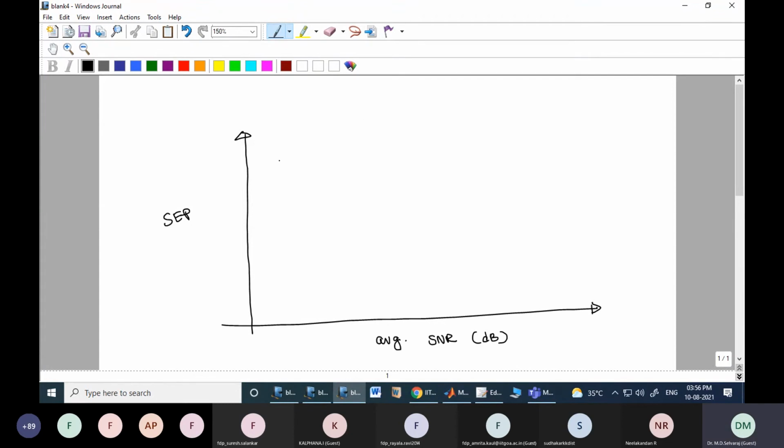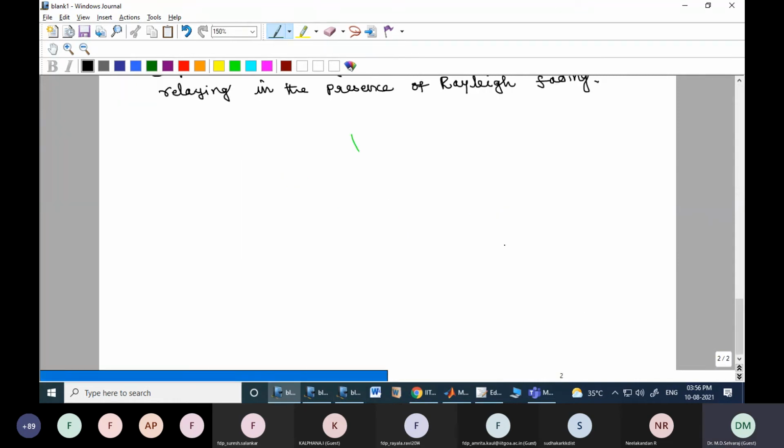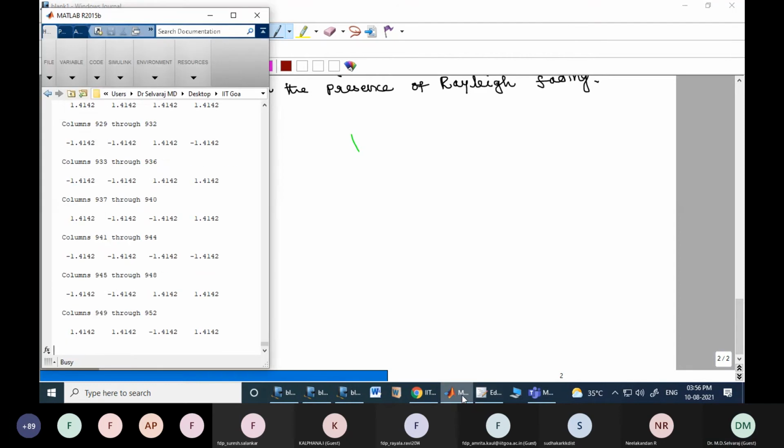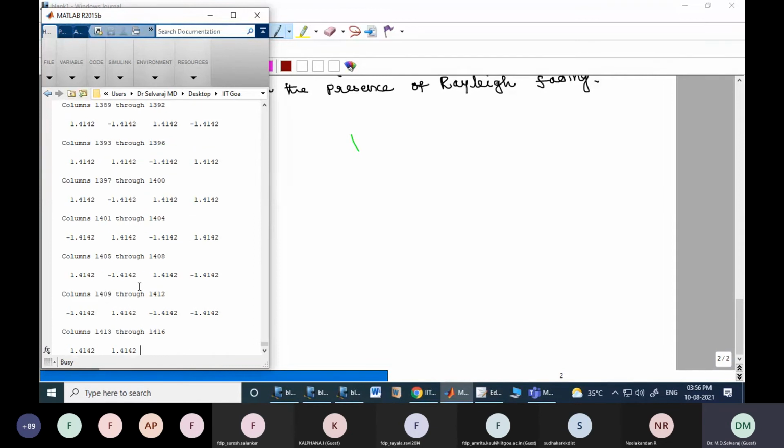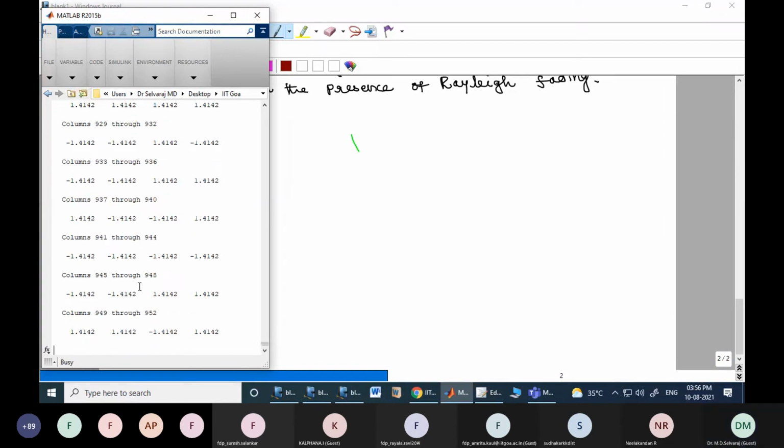The curves expected are these two. Let us see whether this program runs; the control break key is not working on my laptop.